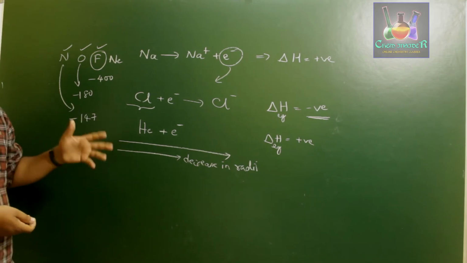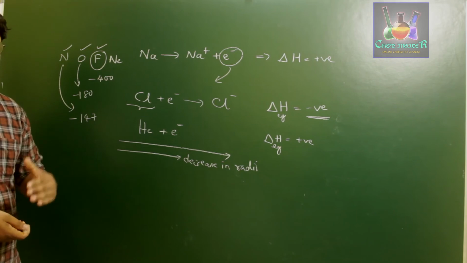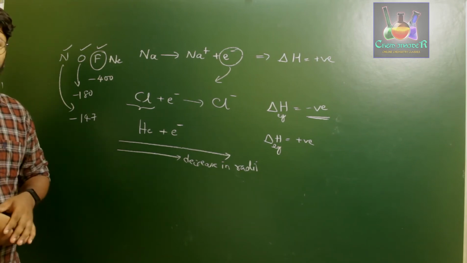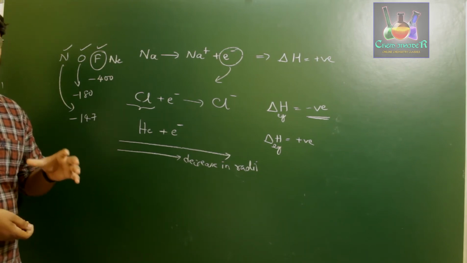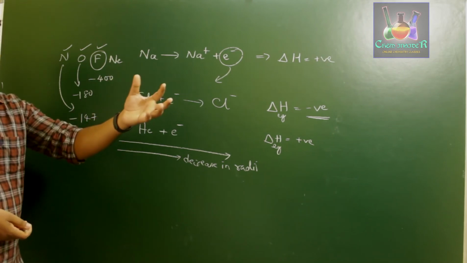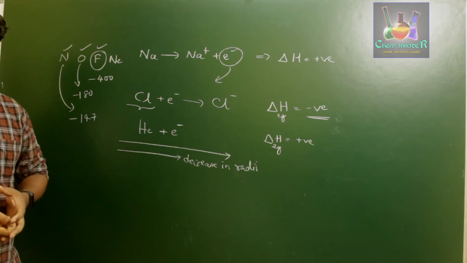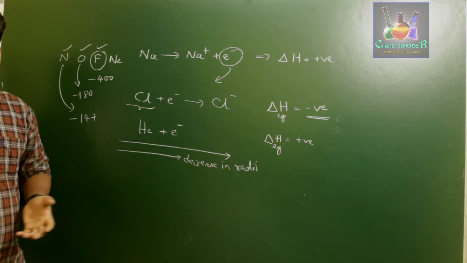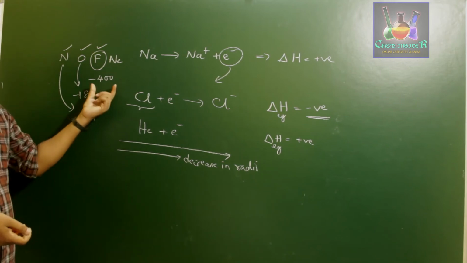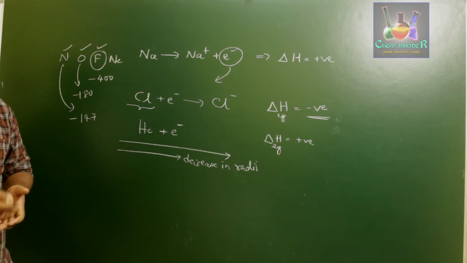So those values are higher and more negative when compared to other elements. That is because whenever you add an electron to an atom which has a very high effective nuclear charge, those atoms will hold those electrons in a stable manner, losing more energy, which is given by the high negative electron gain enthalpy values.